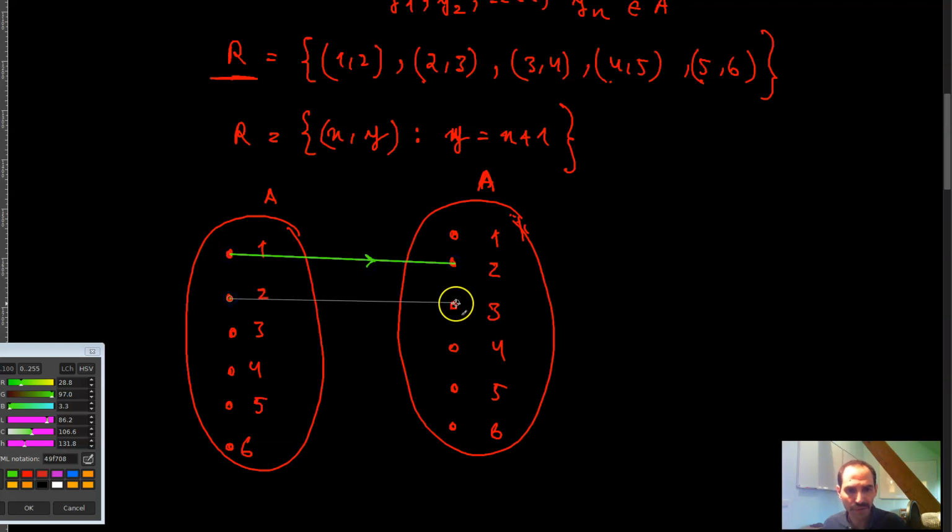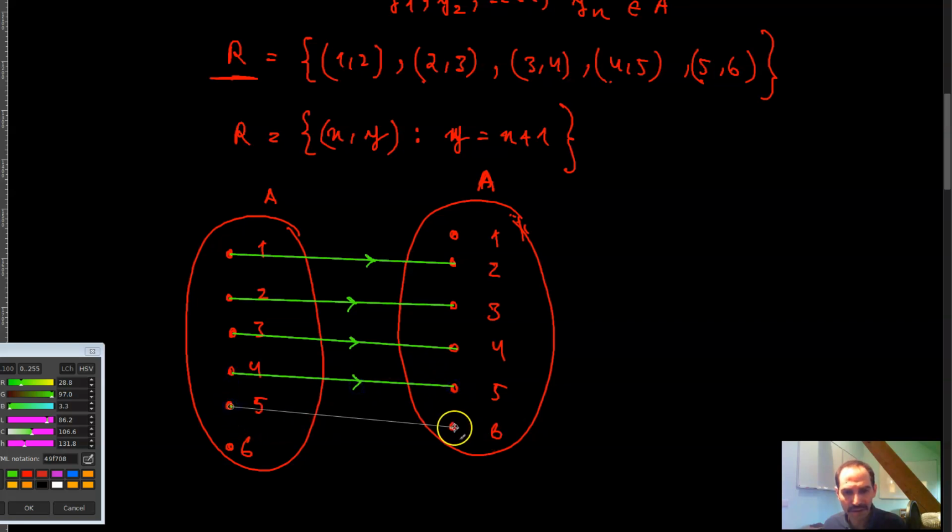I have 2 to 3, which is this arrow over here. 3 to 4, which is this arrow over here. I have 4 to 5, which is this arrow over here. And I have 5 to 6. Right? So as you can see, this element is not a part of our relation. And this element is not a part of our relation either. And this is a visual representation of our relation using an arrow diagram.